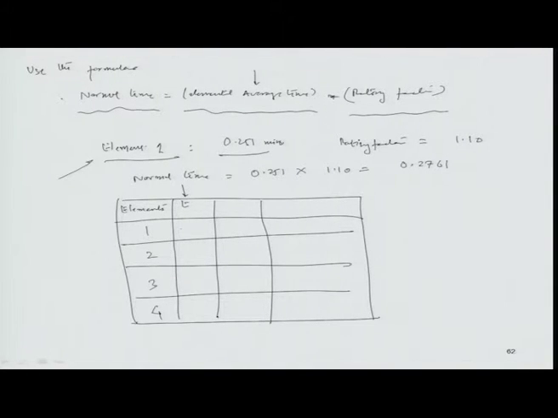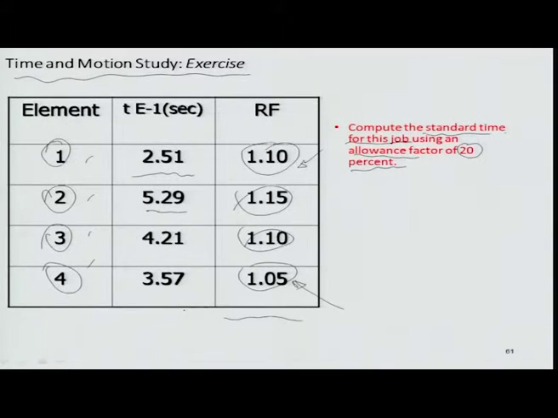The elemental average times are written down as 0.251, let us say these are minutes, then you have 0.591, 0.421 and similarly 0.357. These are being reported in this particular table, which has measured the average time scales associated with these 4 tasks.